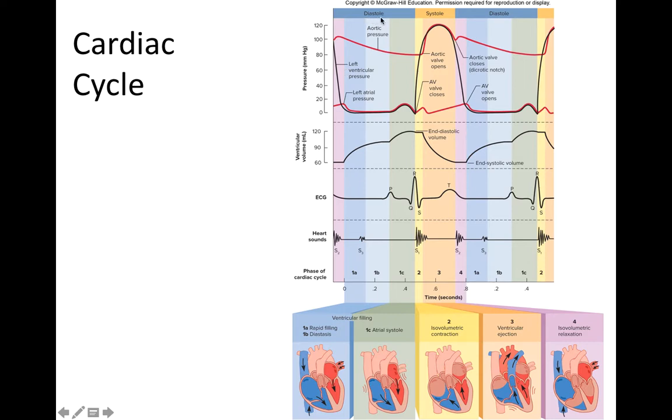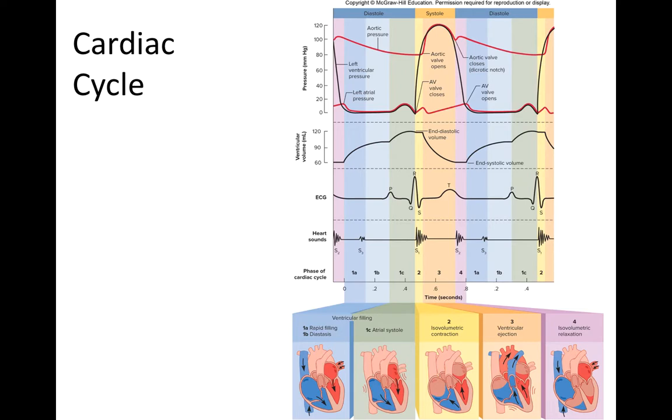Diastole means relaxation, systole means contraction. And generally speaking, when you see this up here, it is referring to the ventricle. But right here, we are in this darker blue stripe in what's called phase 1A. Everything is diastolic. Everything is relaxed.